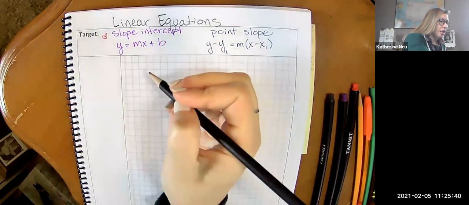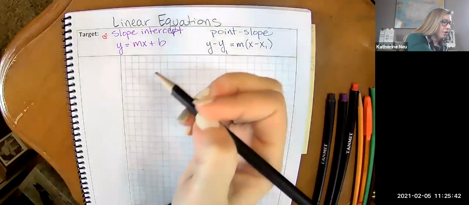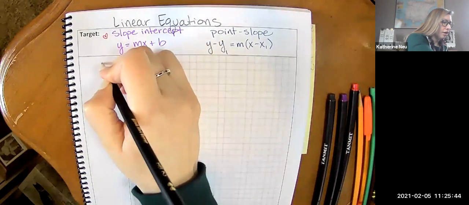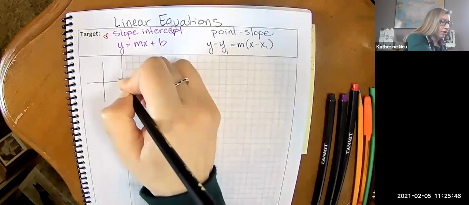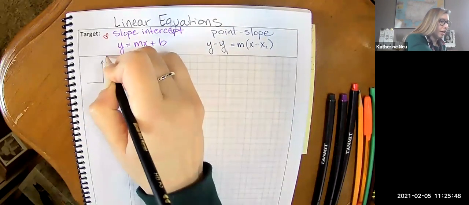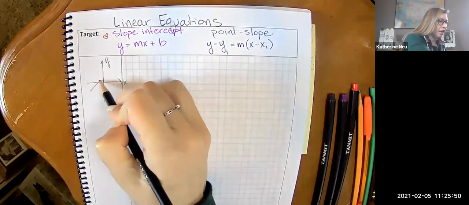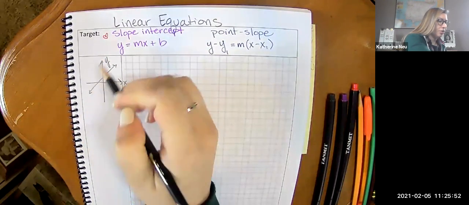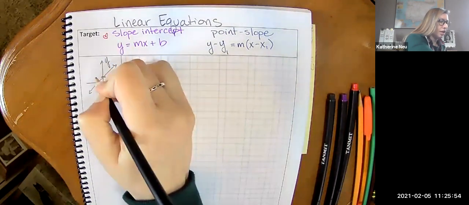So obviously, if you're given a graph where you have your x-axis and you have your y-axis and then you have your line, and it shows that this crosses the y-axis at 1, right?